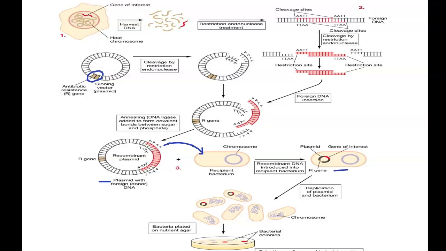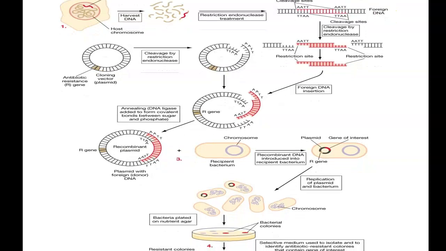We have our bacteria that has taken in the plasmid, and that plasmid has our gene of interest, that insulin. Now, if we grow up this bacteria, it's going to be producing that protein by way of that gene expression.